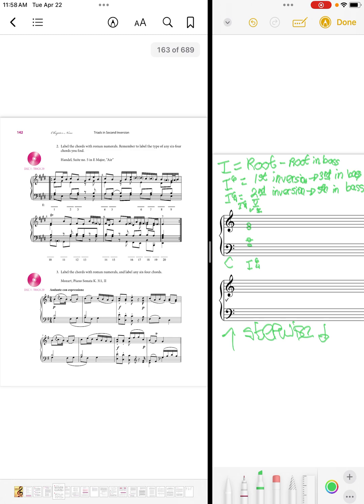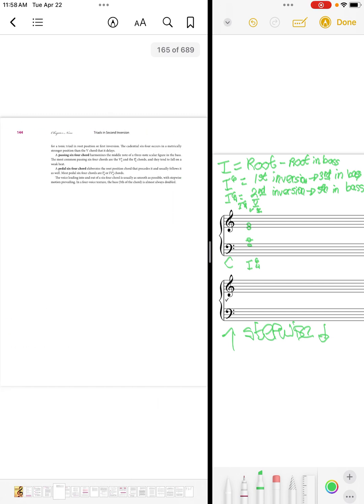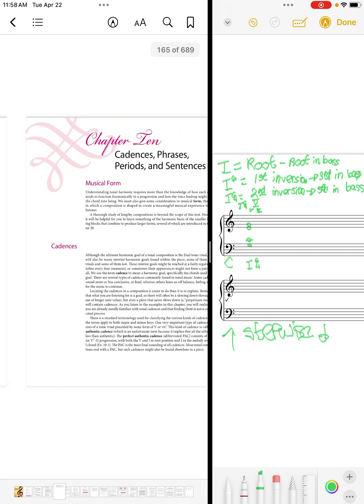And then the summary: we talked about cadential 6/4 and all these weird ones, passing and pedal, just a brief up on them.